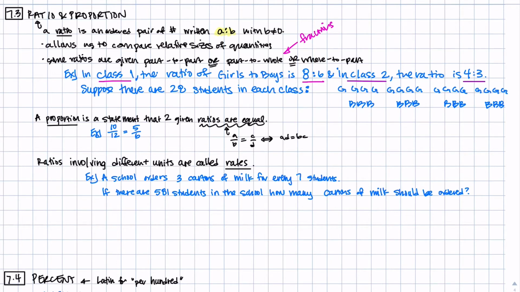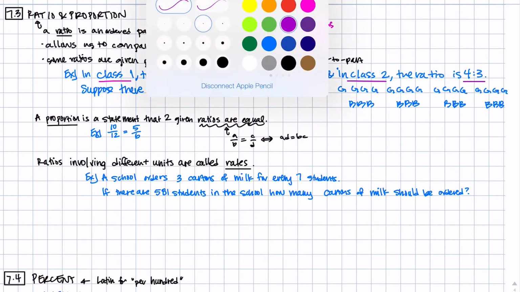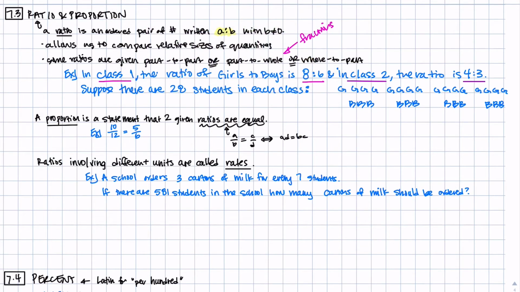And so the ratio that this is depicting is kind of thinking of splitting this class into 2. There's 8 girls for every 6 boys. So this is what my ratio is representing in class 1.